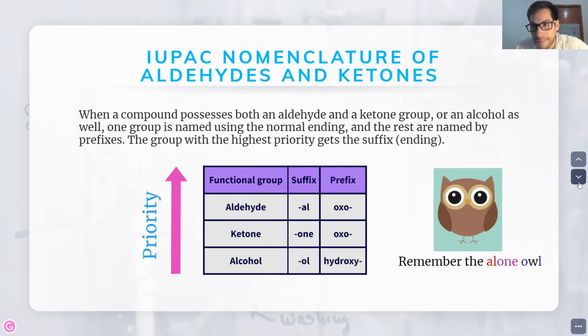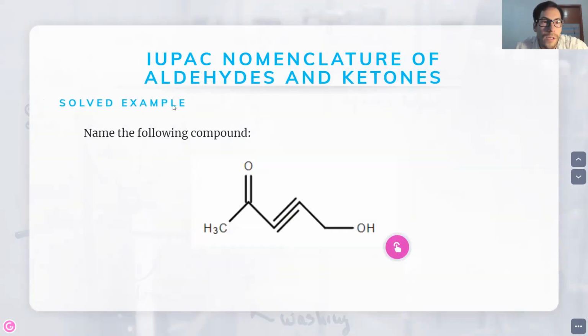So let's see an example, when we apply all of the concepts that we have been seeing. So I will solve this example. As you can see, there's a hydrocarbon chain. There are many groups, the OH group, the ketone group, and this triple bond. Okay, so how can we name it?